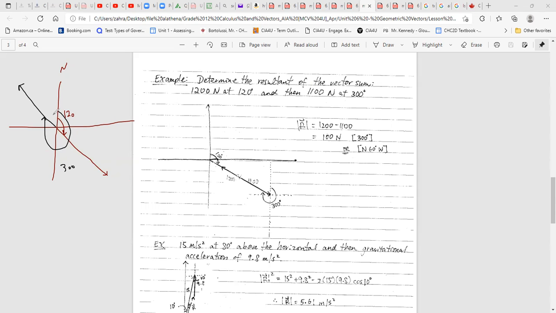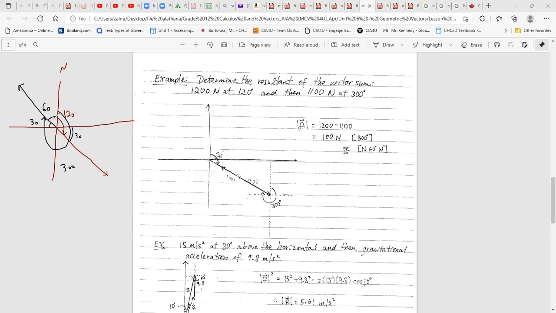Knowing that this is 300, this will be 60 degrees, and this will give you 30 degrees. So from here to here is going to be 30. So they are going to be along each other.